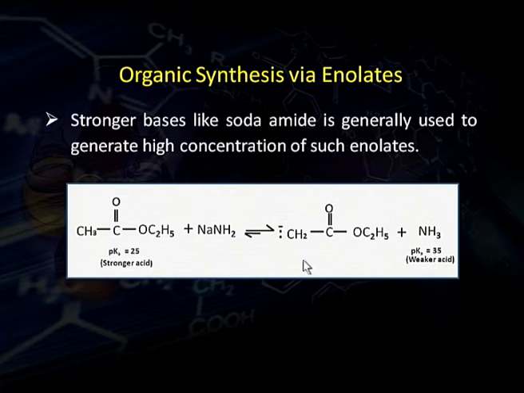Ammonia is weaker, so the reaction cannot move in the backward direction; it moves only in the forward direction. Simple esters and ketones are very weak acids with pKa nearly 20.